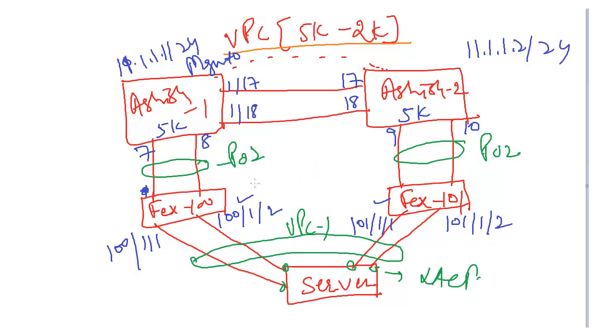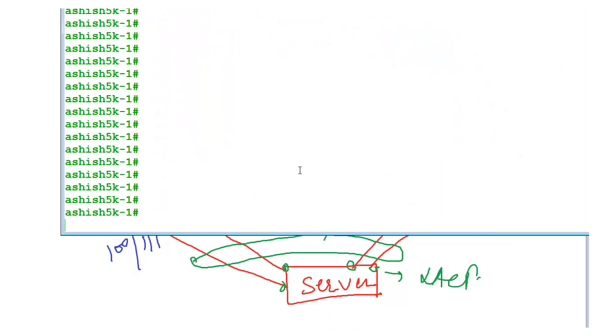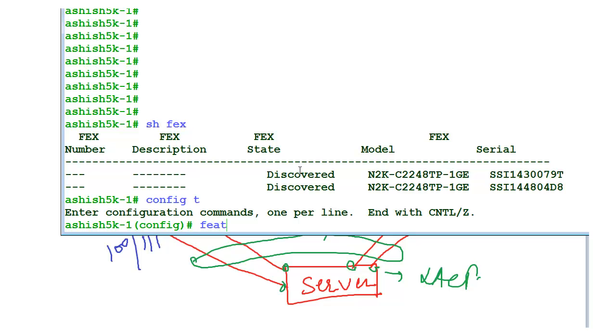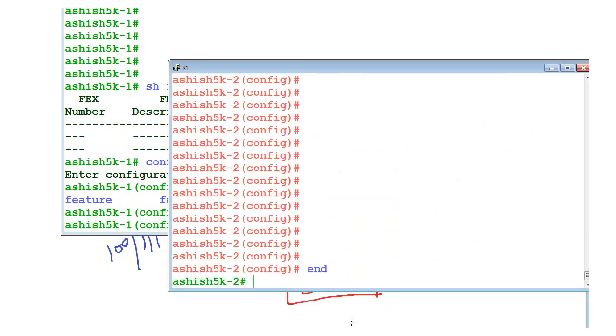So let's get started. Let me take you to the first device. The first thing is that we enable feature FEX, though it is already enabled by me. Let me also show you feature FEX. Similarly here I'll have to go to this.